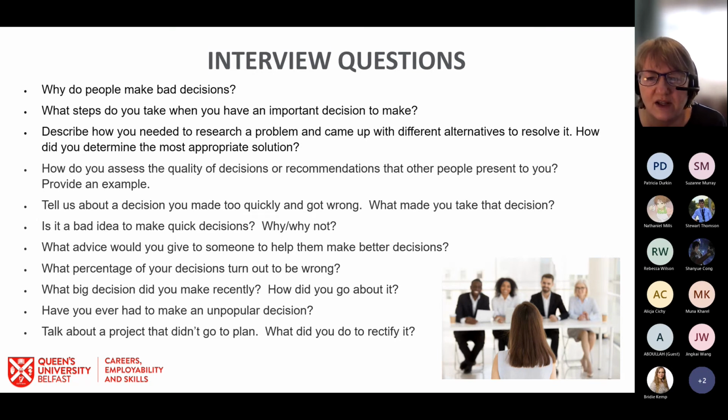This is the sort of thing that employers will want to see as well. So talk about what you learned from the situation, maybe what you would do differently, and how you built on that experience. You want to demonstrate that you have a positive approach to problems, that you can identify the right solution, and then take action on it by implementing your decision.